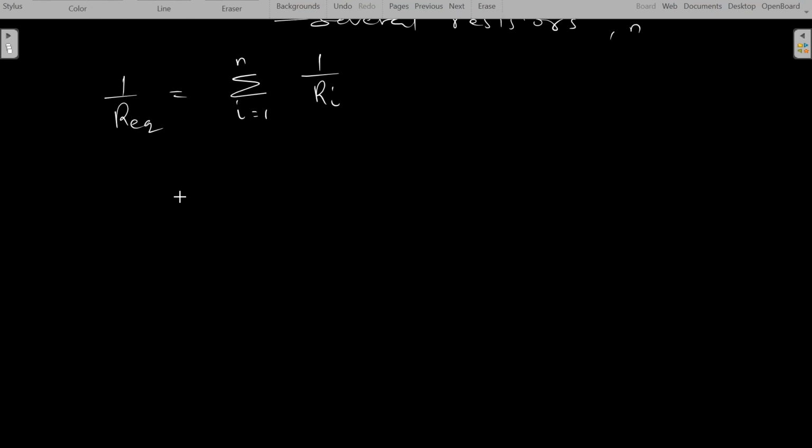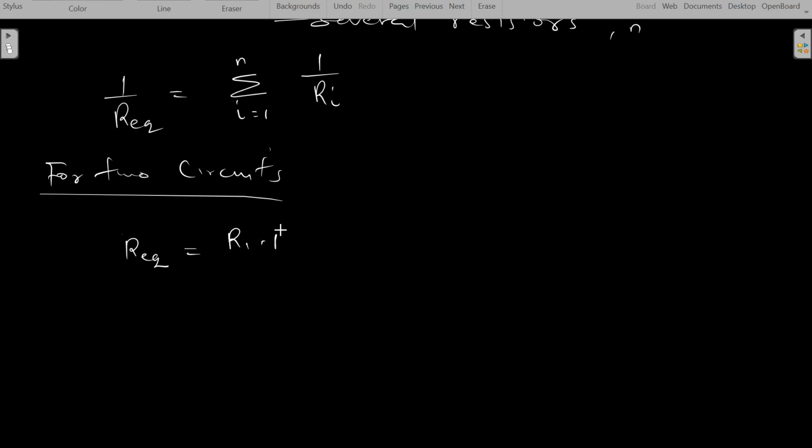For two resistors, the equivalent resistance will just equal resistor 1 multiplied by the second resistor, divided by the summation of the two resistors.